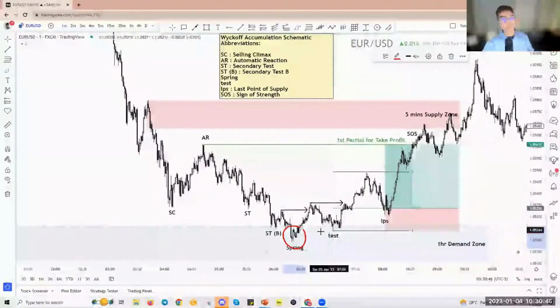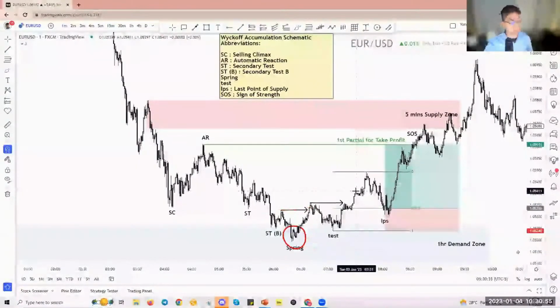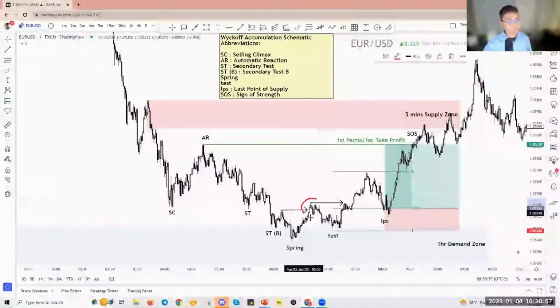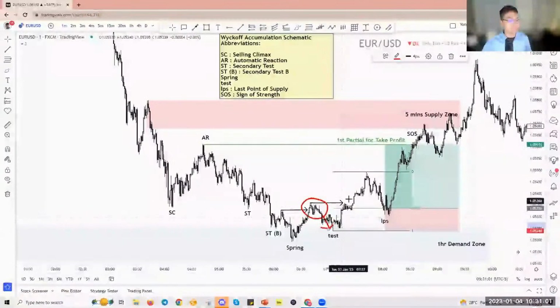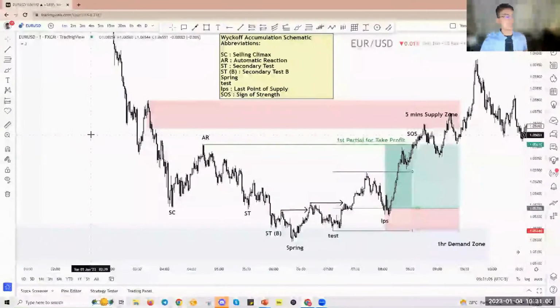Let's say this is the 1 hour chart. We have to move on to the 1 minute and then start to look for accumulation here. And when price breaks the 1 hour STB, we start to look for a distribution back on the smaller time frame to form the test. So it's very, very complicated, but for now, just aim for the 1 minute time frame. Just try to practice it out on the 1 minute time frame.